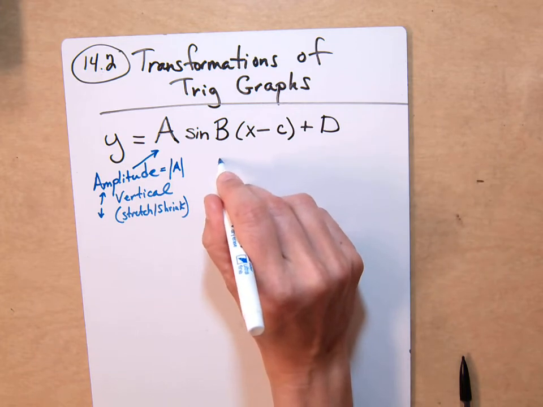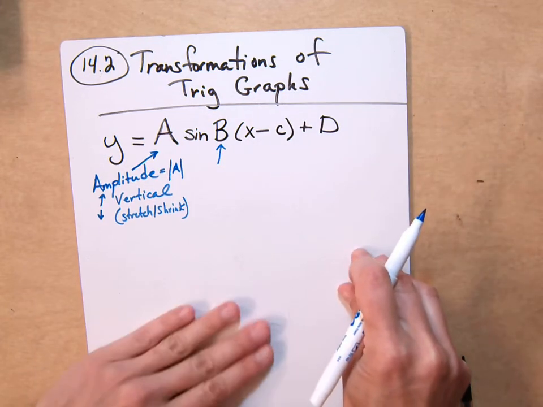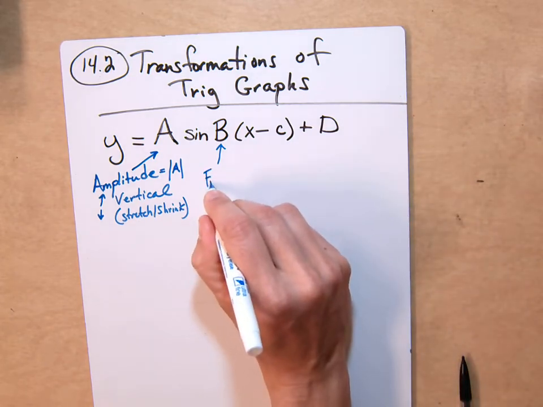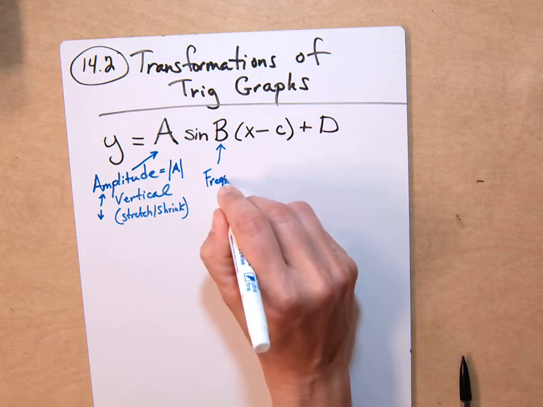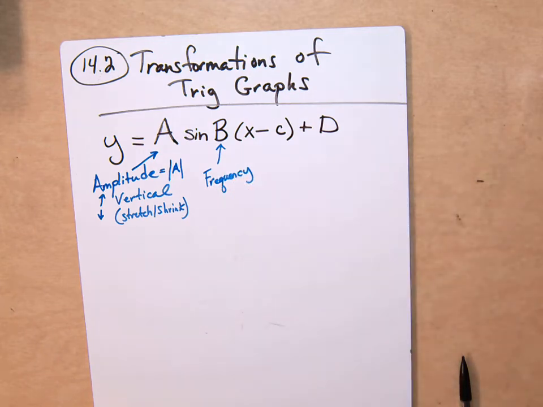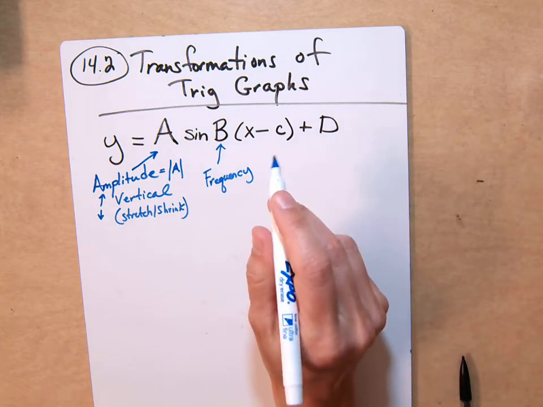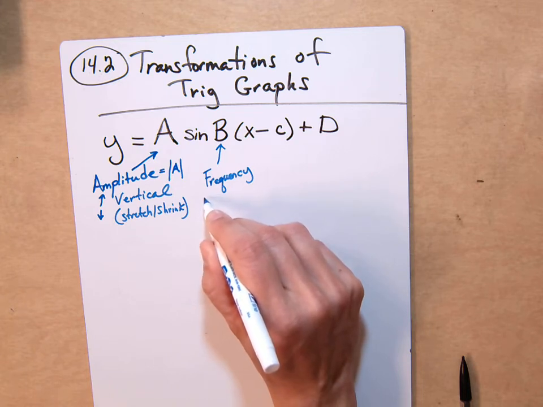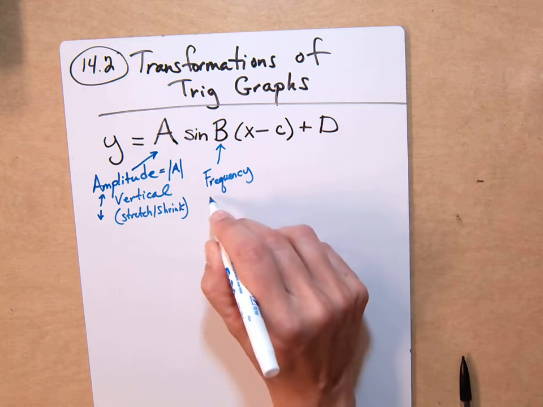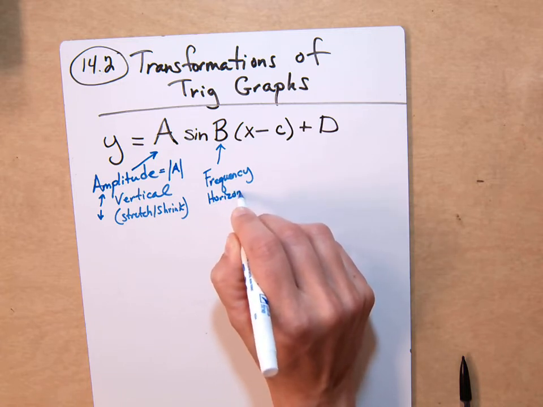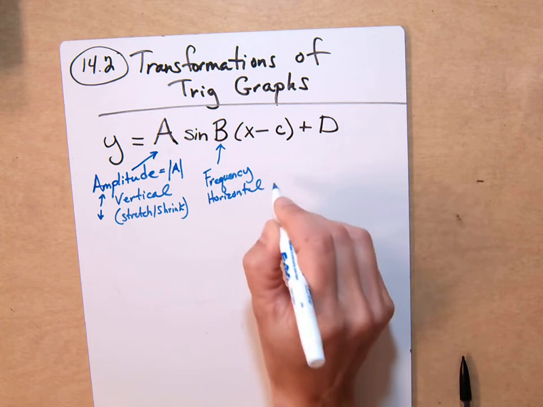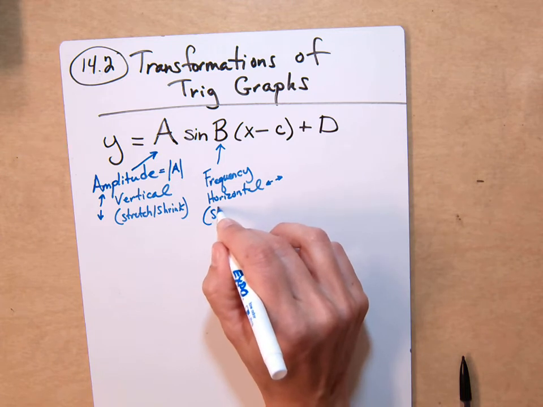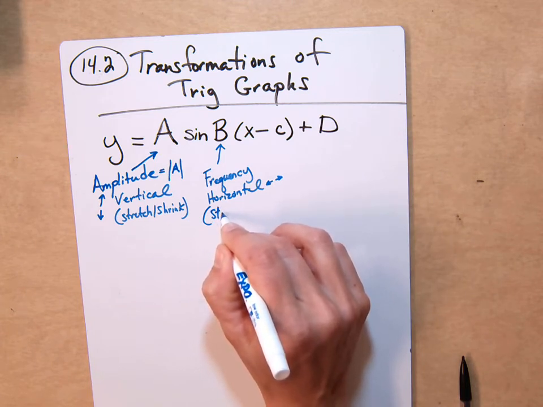Okay, B is the frequency. For example, higher pitched sounds have a higher frequency, like some that only dogs can hear. So B helps you determine the frequency of the wave, and that tells you whether you are stretching or shrinking horizontally. Remember slinkies?